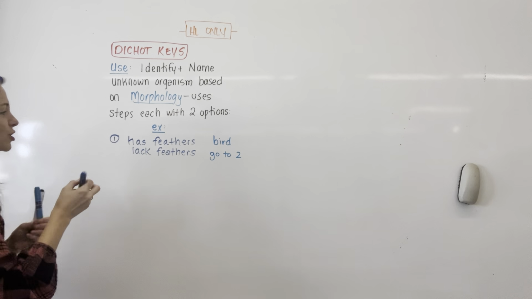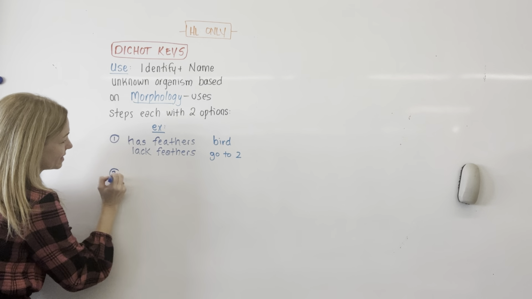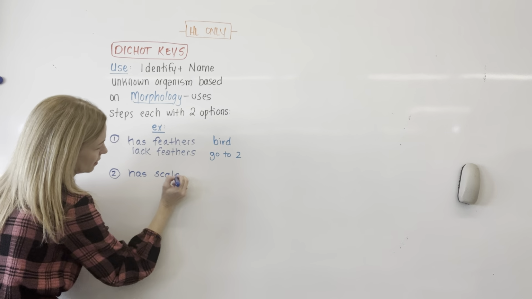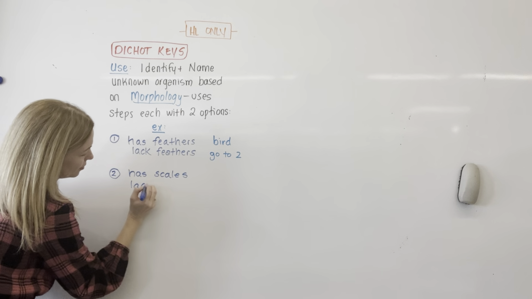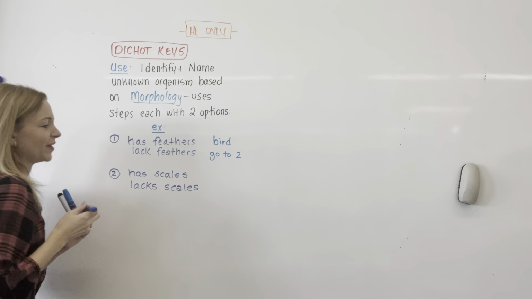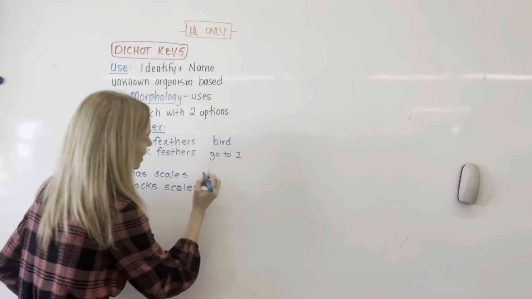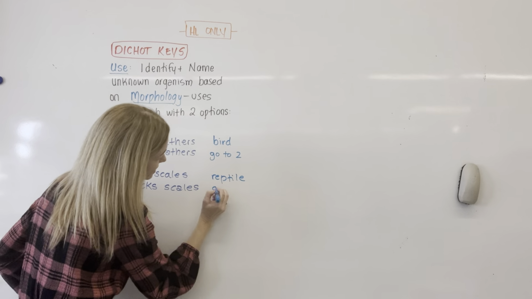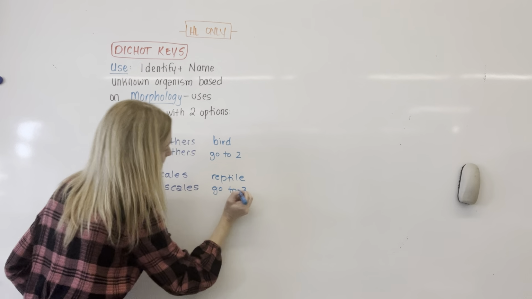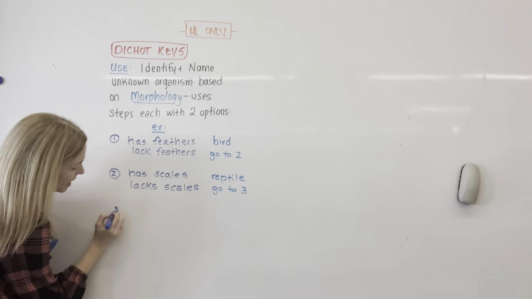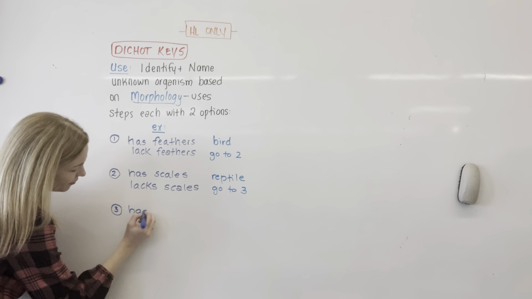Then you'll come to number 2, and now it's going to say has scales, lacks scales. So if it has scales, it's going to now say, good job, it is a reptile. If not, it's going to say go to 3. And then when you get down to 3, it's going to say has fur.